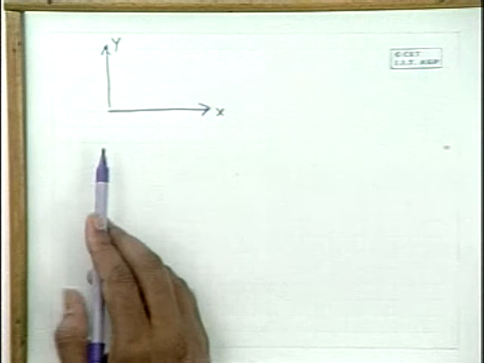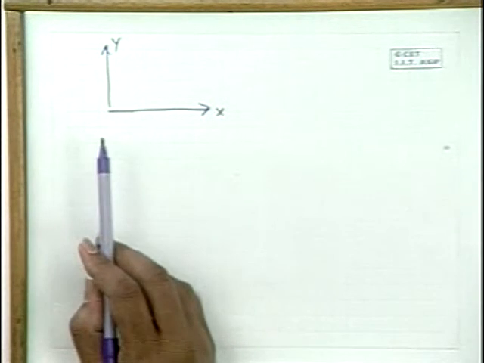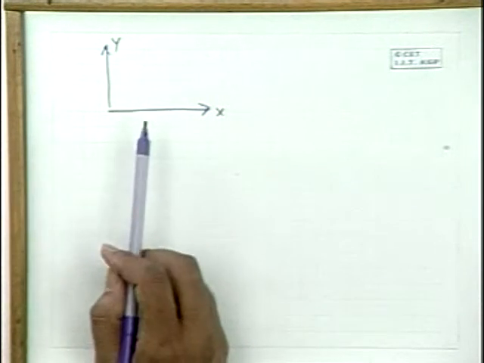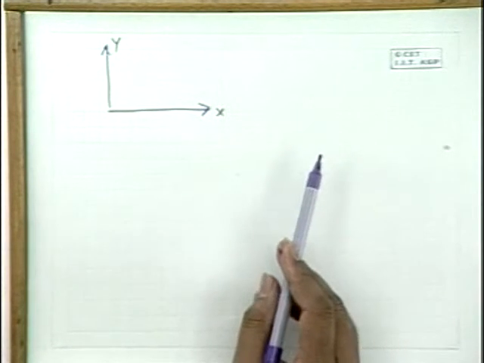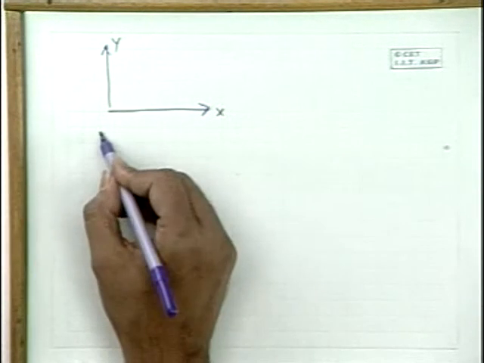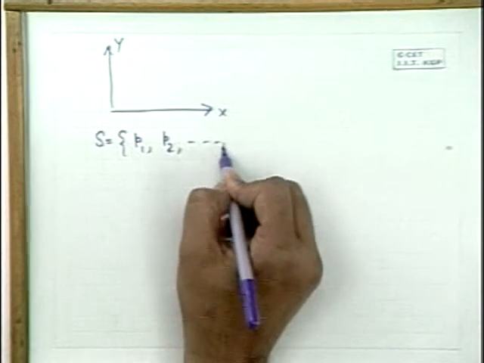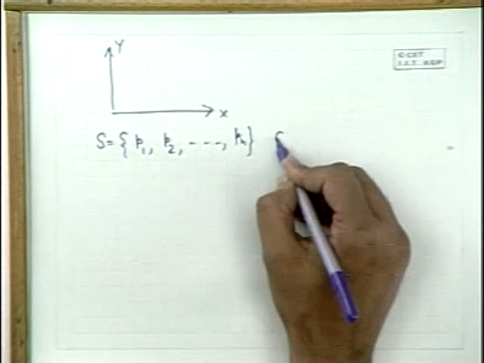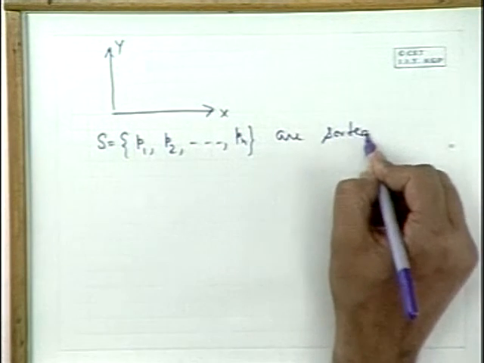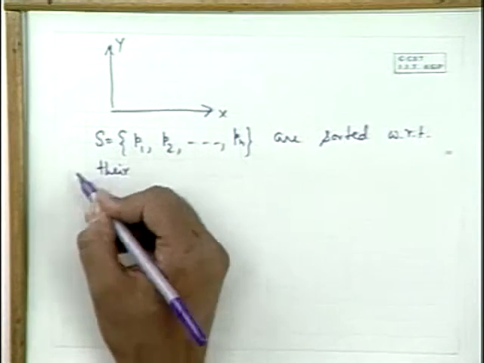We will start from the leftmost point and process the points one by one in this sorted order. So I am assuming now that S, P1, P2 up to Pn, are sorted with respect to their x coordinate.